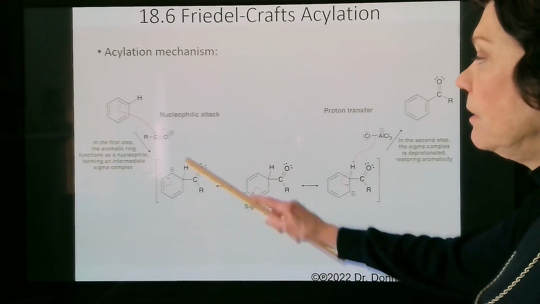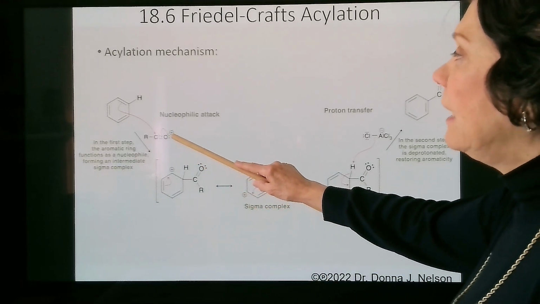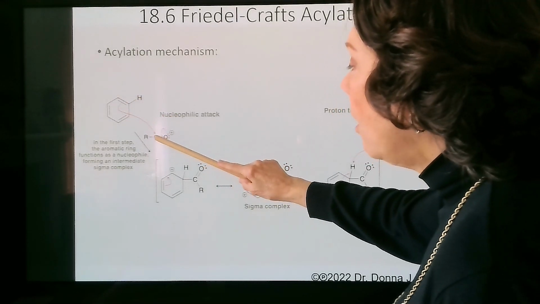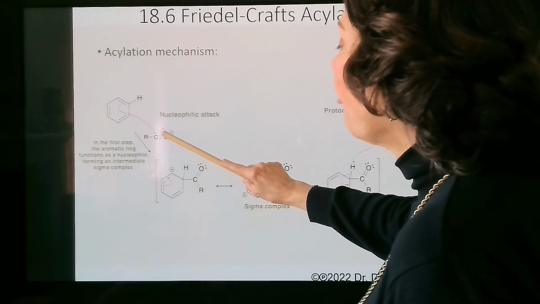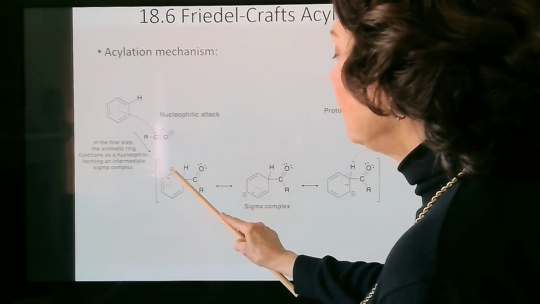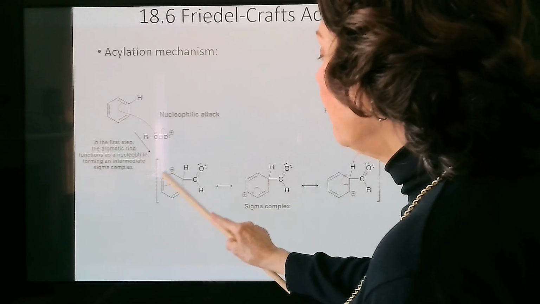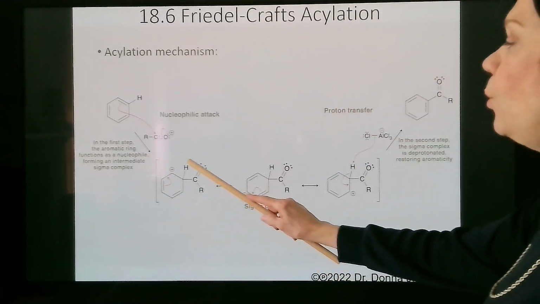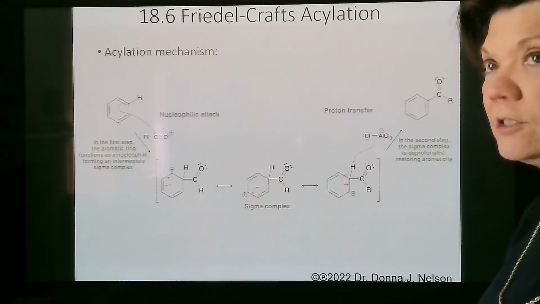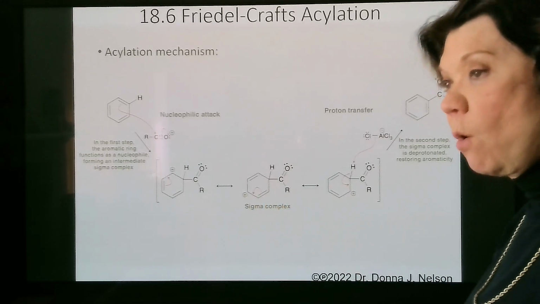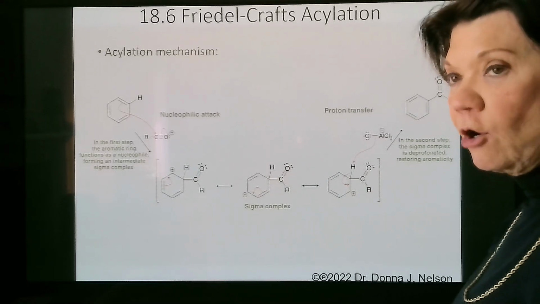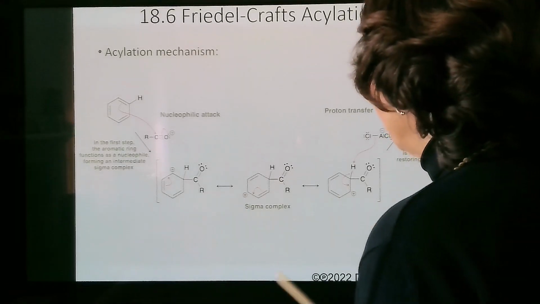Here's the mechanism. The acylium ion is the electrophile. So you have nucleophilic attack on carbon. A pair of electrons moves out onto oxygen, satisfying the positive charge. Now the positive charge is on a carbon in the ring. So that positive charge moves around the ring. This is the sigma complex, just as you saw before in all of the other electrophilic aromatic substitution mechanisms.